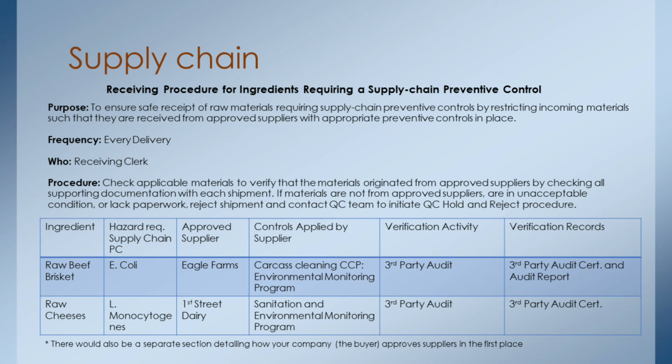Then on top of that, an auditor described the process as being adequate, so they're actually following that written plan. And so you keep records of not only the HACCP plan and the supplier approval program. How you actually verify it is when you know that First Street Dairy is certified under GFSI or GMP or whatever it is, and you have that on file. That's the way that you control the supplier approval or the supply chain side of it.